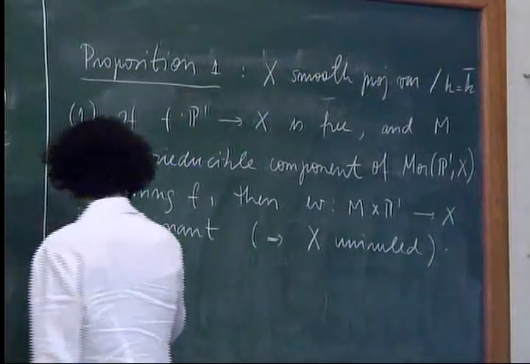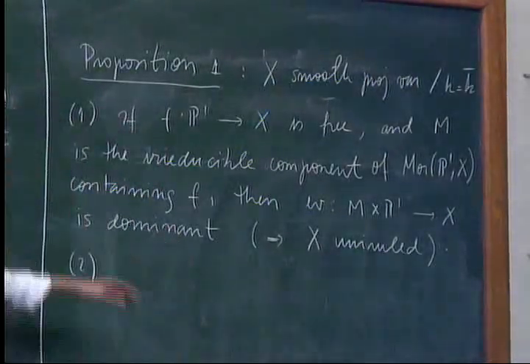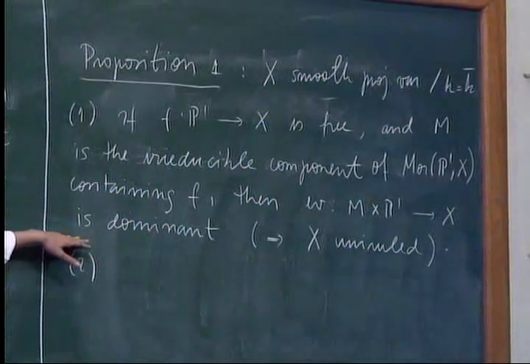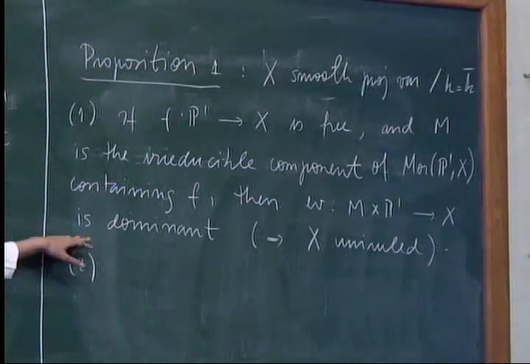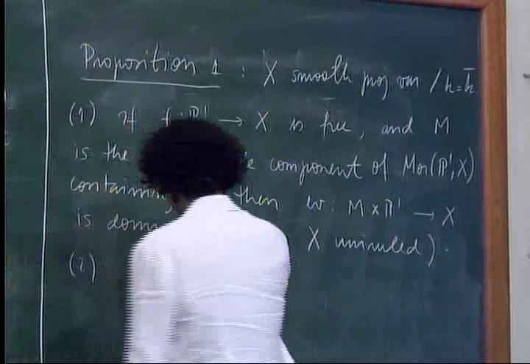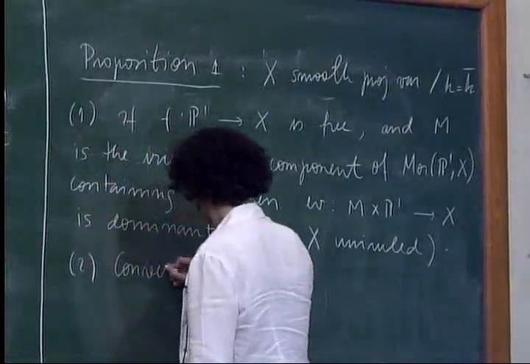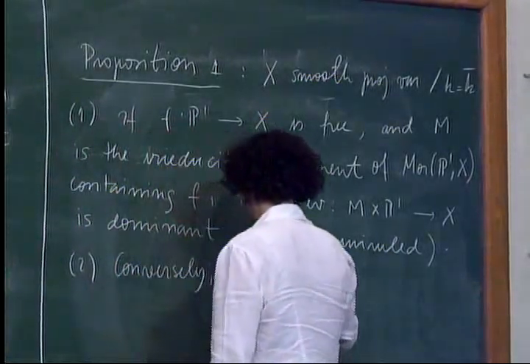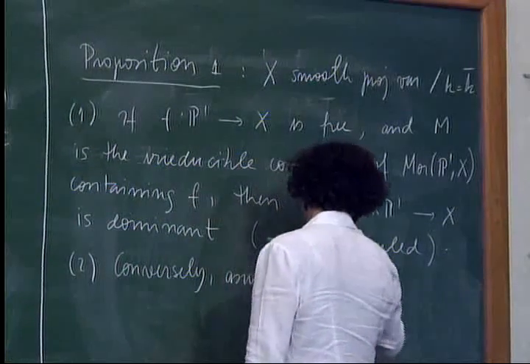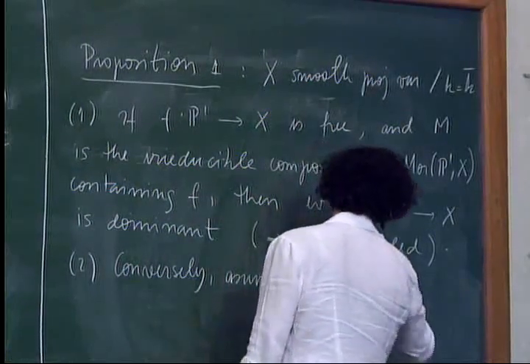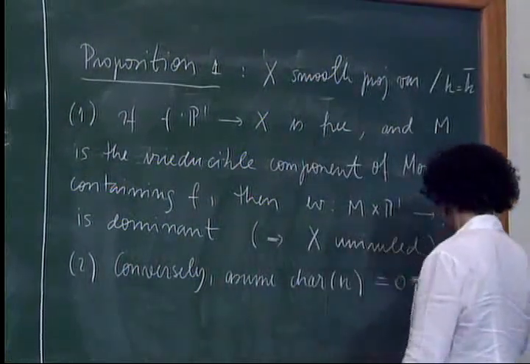And second, this will be a sort of converse of 1, but that only works in characteristic 0. So conversely, assume that the characteristic of the base field is 0.